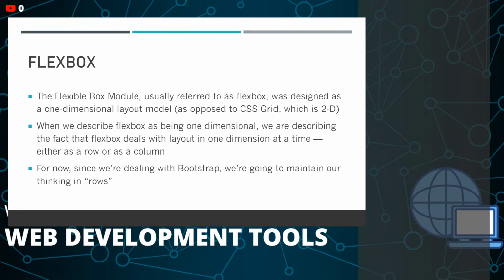You're going to define the width of your different items. You might define the alignment of your different items, justification, number of columns, and so on and so forth. There's a lot of stuff to deal with there.